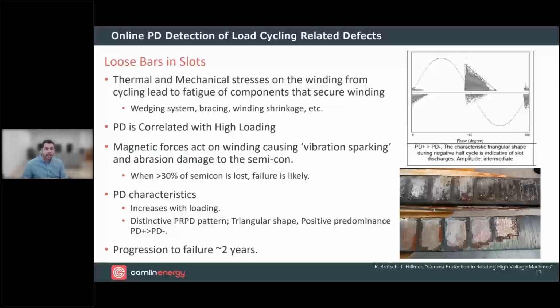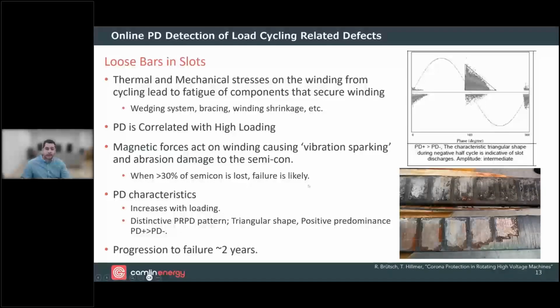Those partial discharges can be directly correlated with operating conditions. If we look at discharges occurring at higher loading, the magnetic forces cause vibration, which can lead to vibration sparking, and that abrasion creates damage to the semicon, which can ultimately lead to failure.